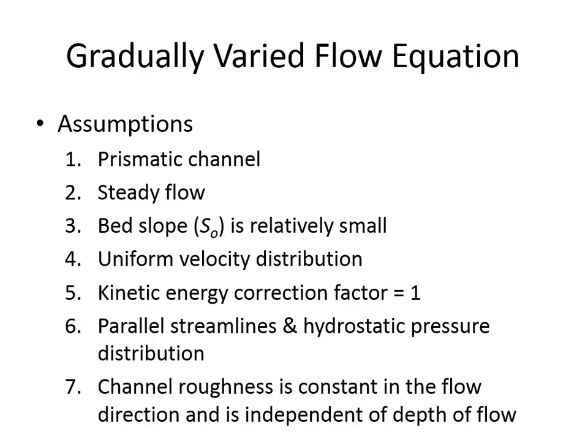We would do our calculations from 1 to 2 and then from 2 to 3. We wouldn't be able to go directly from 1 to 3 because of the difference in material and roughness. So another assumption in all three of the gradually varying flow methods is that between two sections where you're trying to find how the flow depth changes, you've got basically the same material on the channel bed.